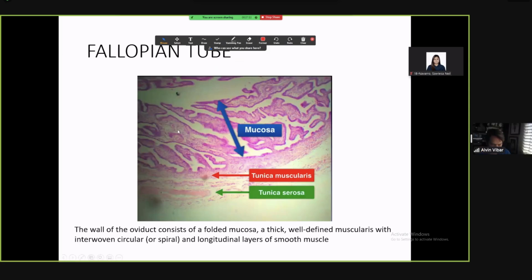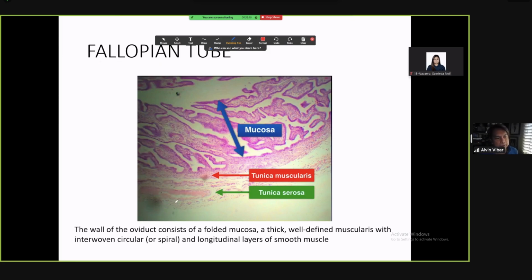Let's go now to the second organ. We call it the fallopian tube. You can also call it the oviduct, but we're going to call it the fallopian tube. So two on the sides of the uterus.